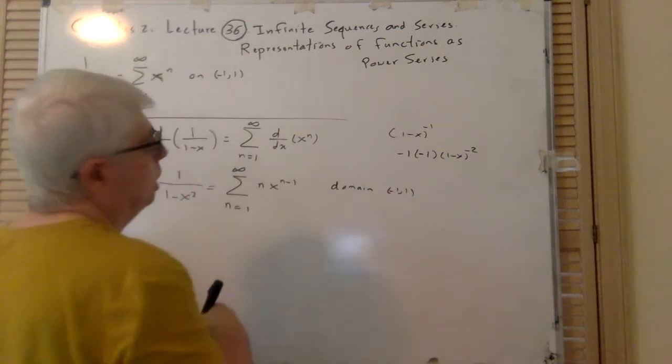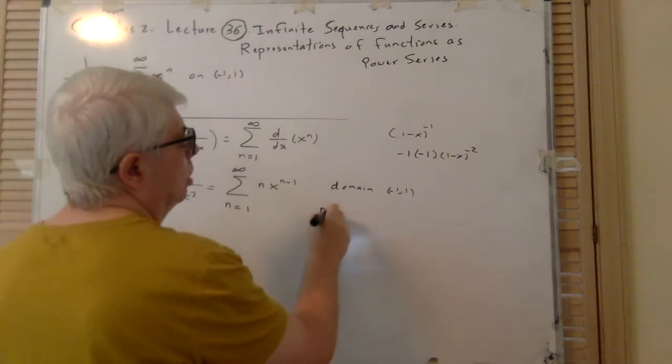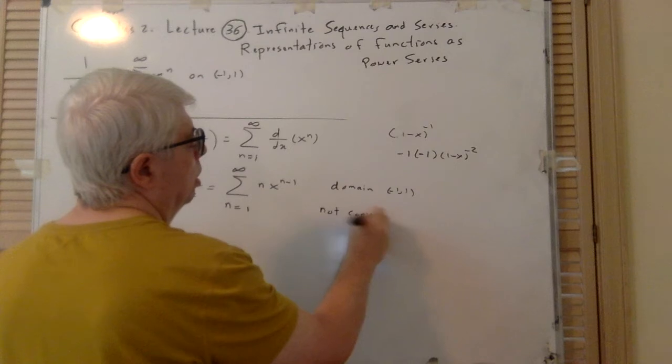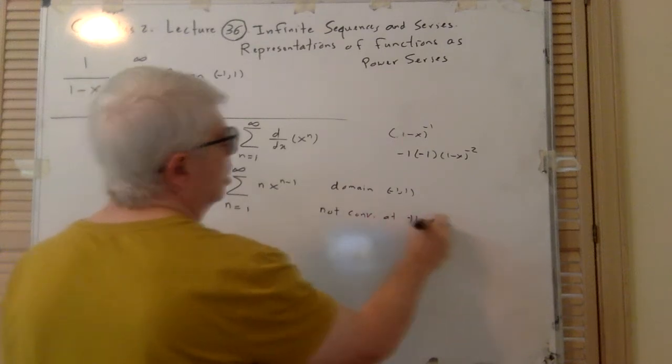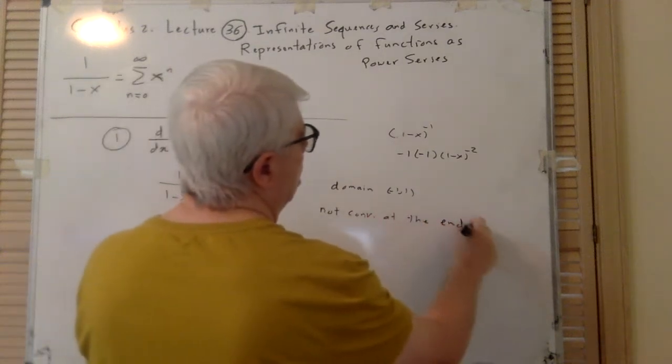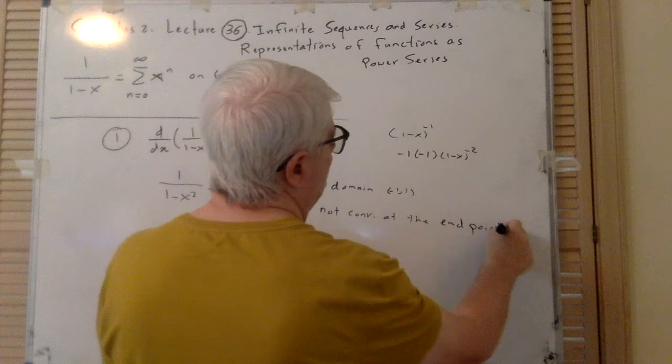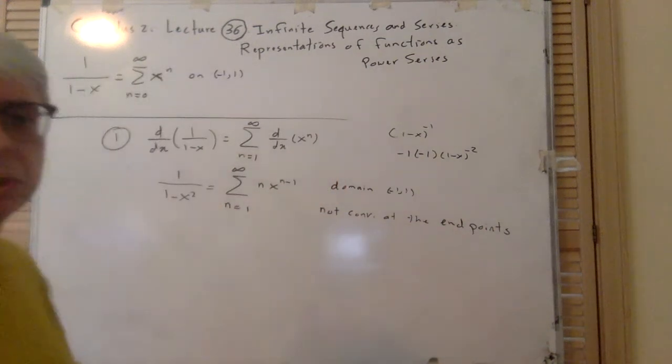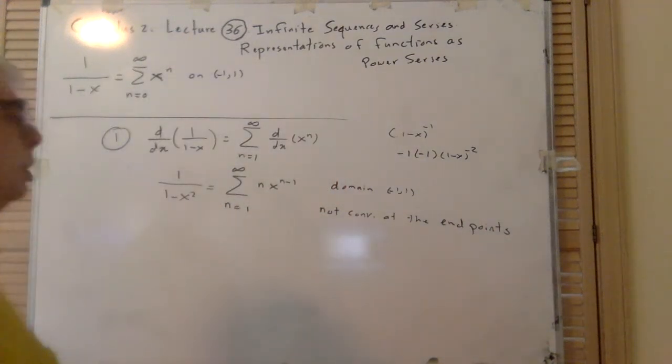You can check the endpoints, not convergent at the endpoints. In fact, when you find derivatives, you will see that it's not convergent at the endpoints.